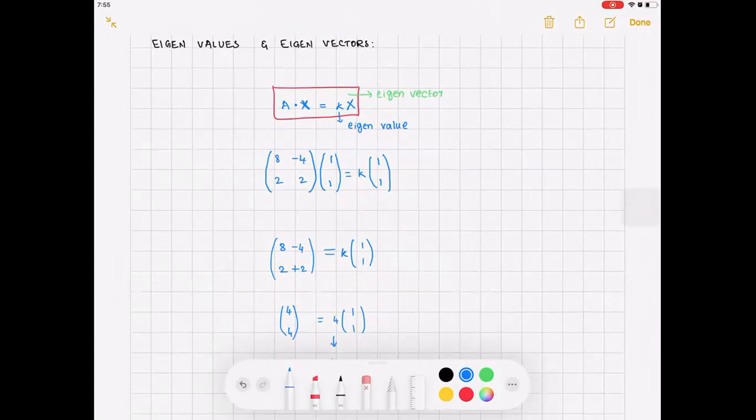For any rectangular matrix we cannot find eigenvalues and eigenvectors. There exists a matrix X such that when you multiply the matrix A into X, it gives the same matrix with a scalar multiplied to it. The scalar is called the eigenvalue and the vector is called the eigenvector.